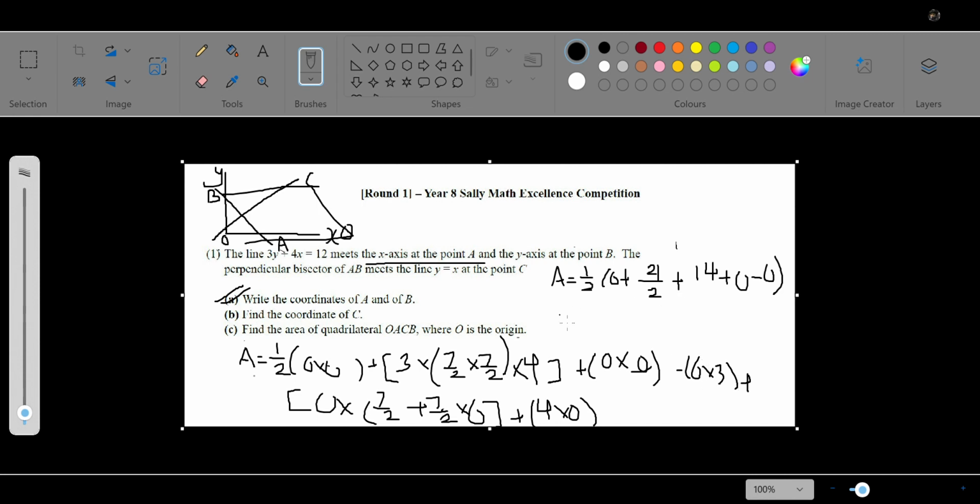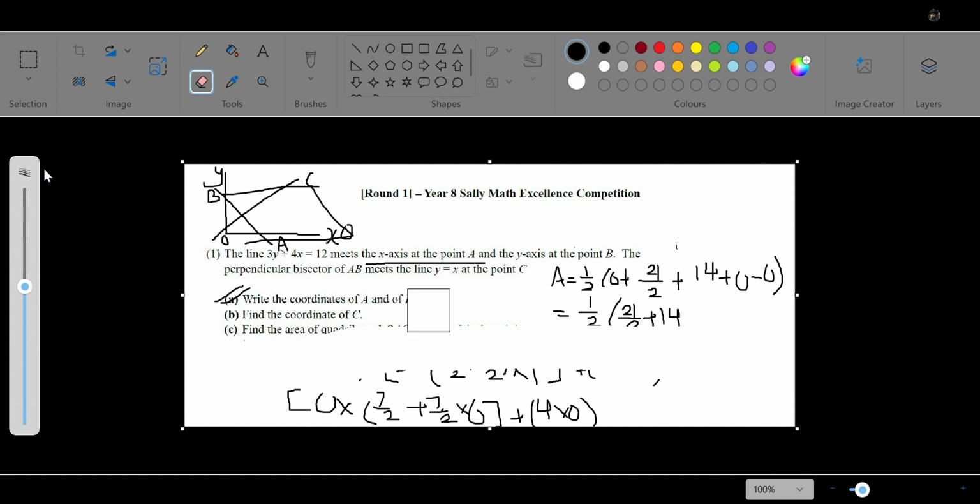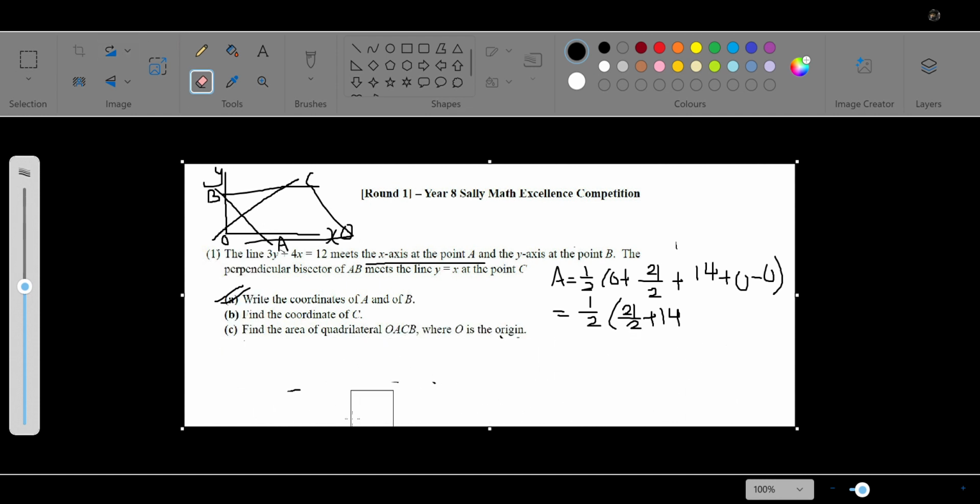So it would be equal to 1 over 2 bracket 21 over 2 plus 14, because the 0 and 0 here is irrelevant. So I'll erase it.